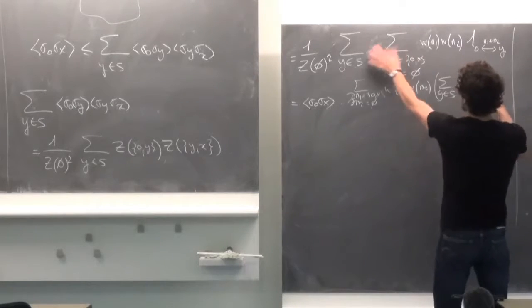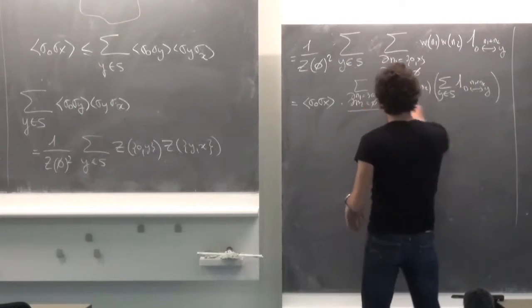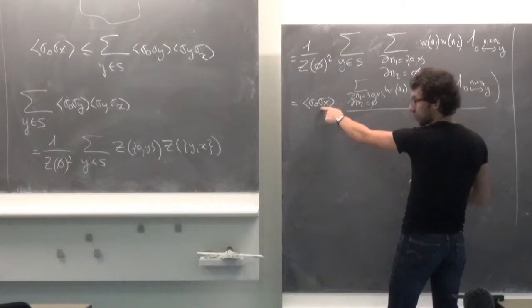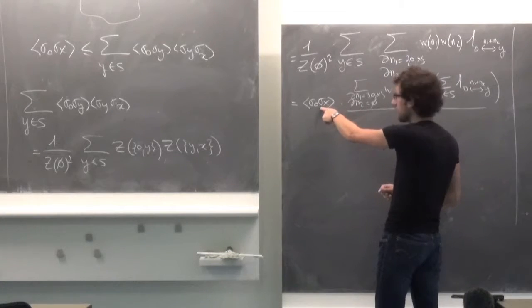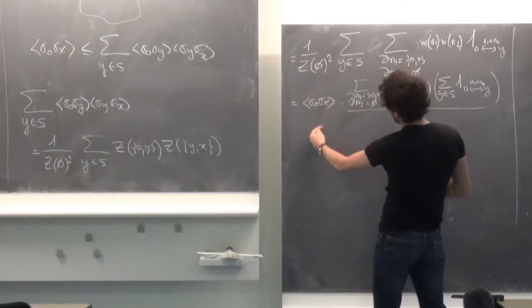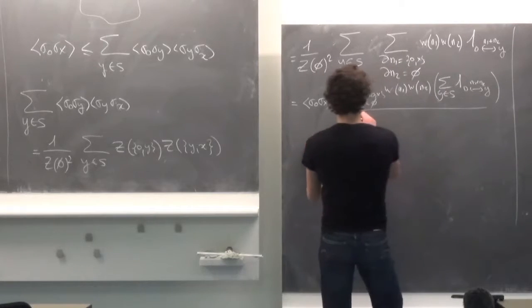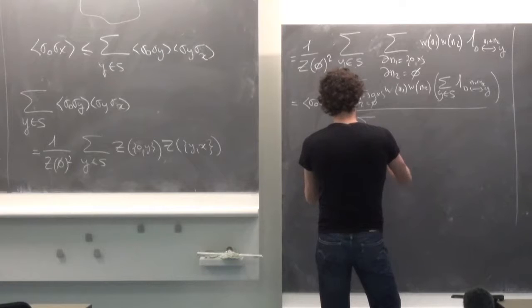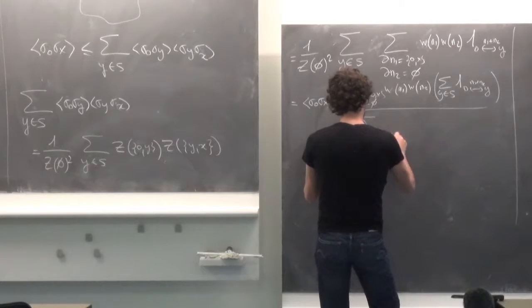Okay, I just exchanged these two sums. And because I made the sum of currents with sources at 0 and x appear, and I divided by the one with sourceless, here I get the sum of n1 equal 0x and n2 equal empty set.